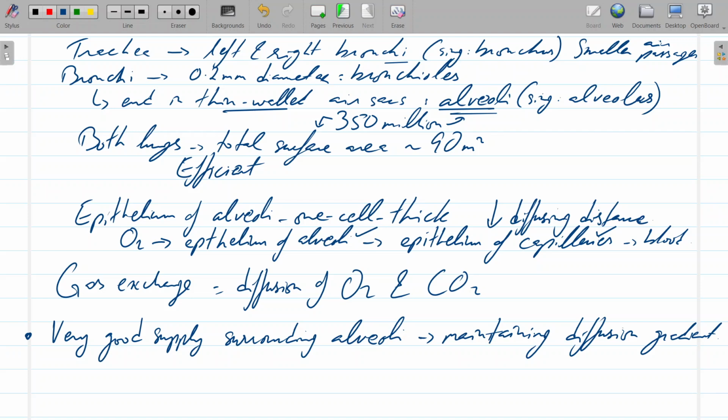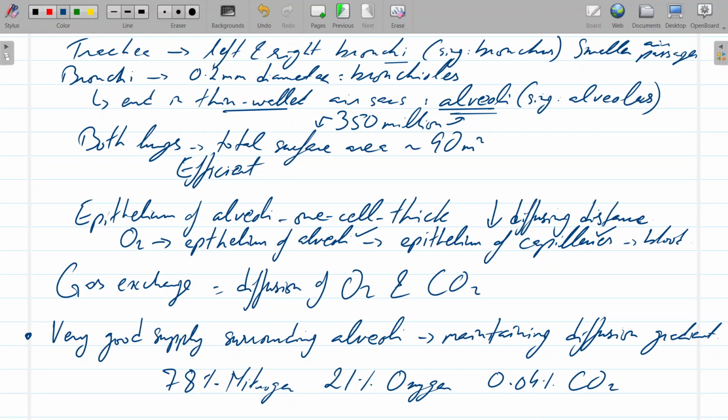Do humans inhale carbon dioxide? We inhale carbon dioxide in the sense that carbon dioxide is present in air, right? So the composition of air is about 78 to 79% nitrogen, 21% is oxygen, and I believe 0.04% is carbon dioxide.